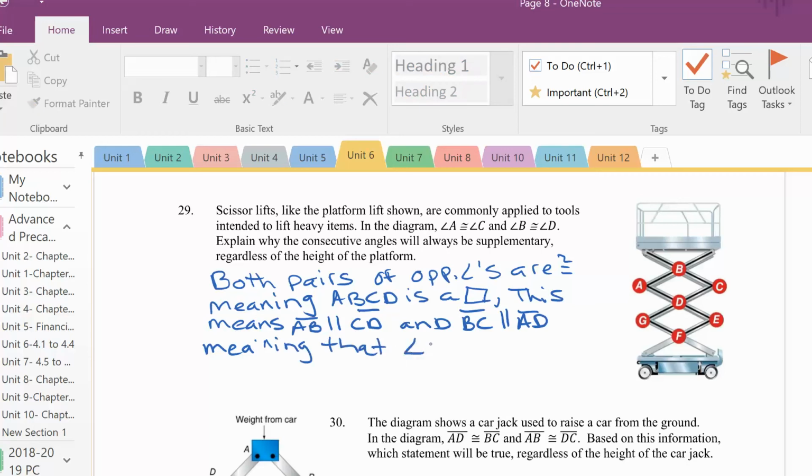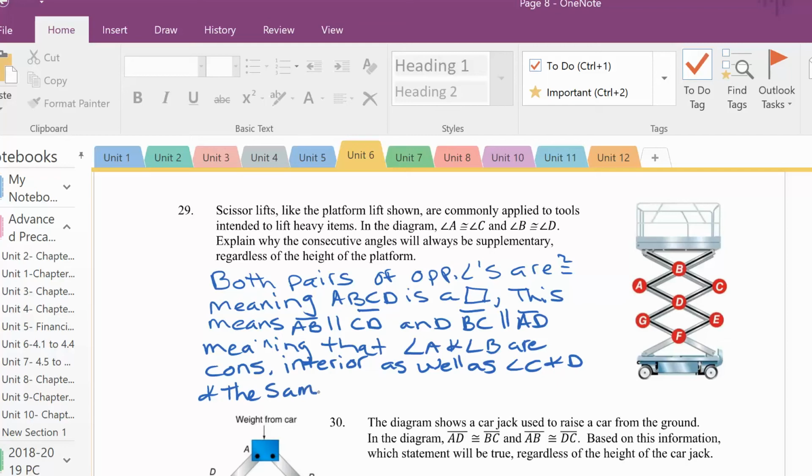that angle A and angle B are consecutive interior, as well as angle C and angle D. And the same goes for angle B and C and angle A and D. And consecutive interior angles are supplementary.